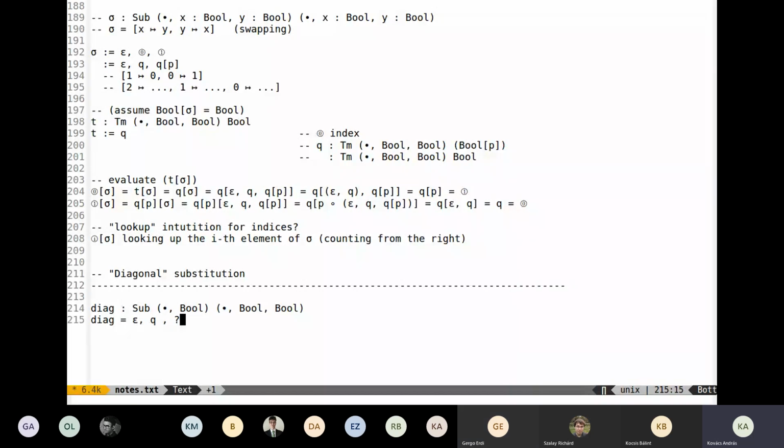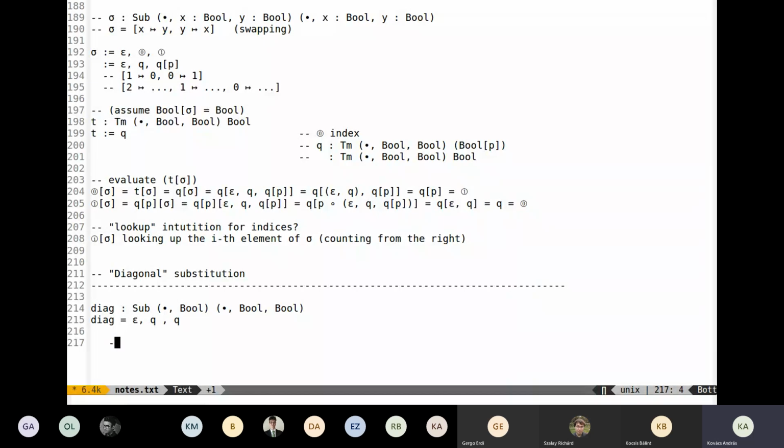So that's the only thing which we can do, actually. Okay, not the only thing, because if bool has some terms, then we can also do something like true or false. That would also have this type. But what we want here is indeed just q, q.